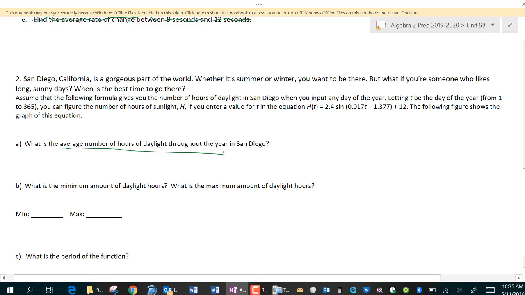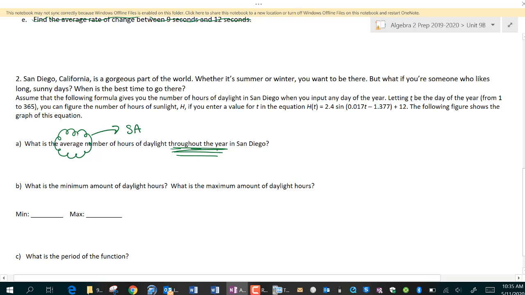Now, think about if we were to graph this, kind of like we did with this Ferris wheel. The average is right in the middle there, right in between your minimum and your maximum. This is really just our sinusoidal axis. So anytime you see the word average, we're most likely talking about the sinusoidal axis. The one thing that I do want to point out here is it's throughout the entire year.